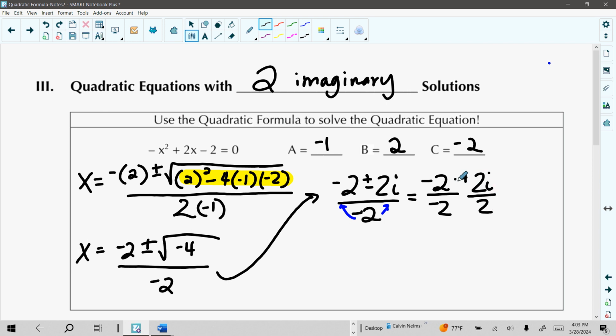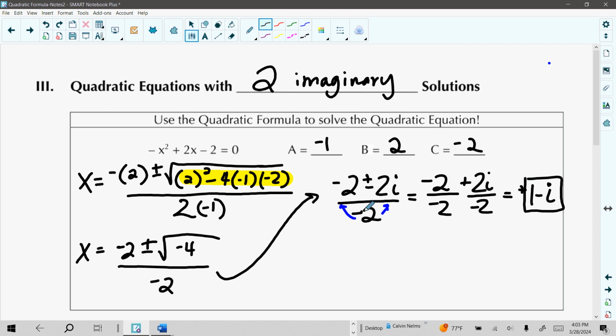So that's the positive answer here, or the addition. And when I simplify this, this would become +1 minus i, or 1i.